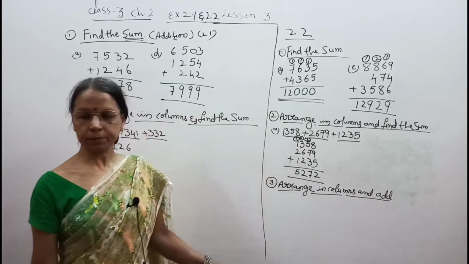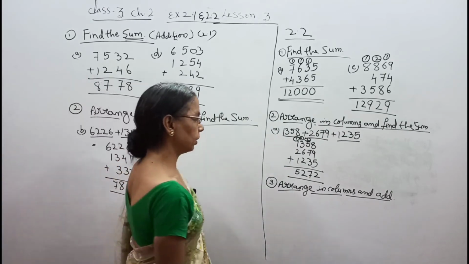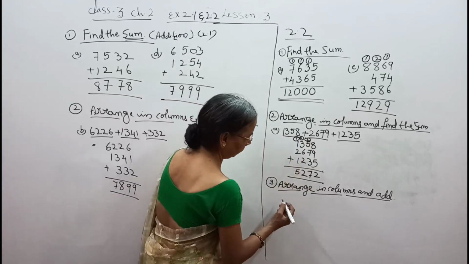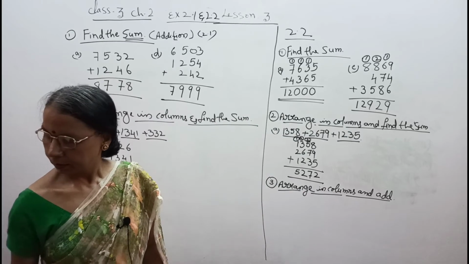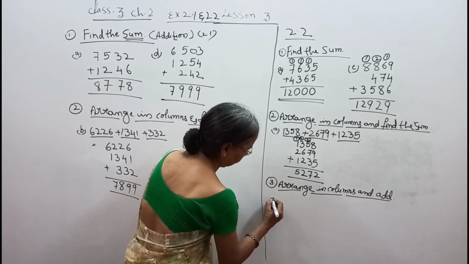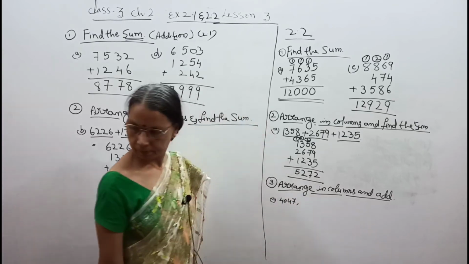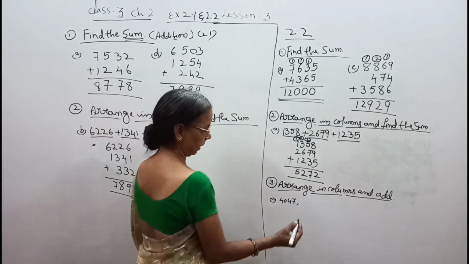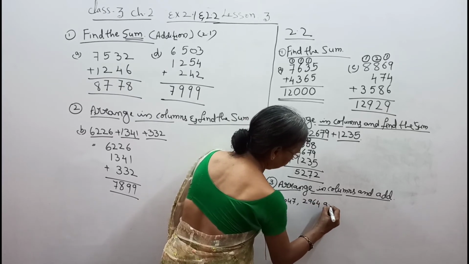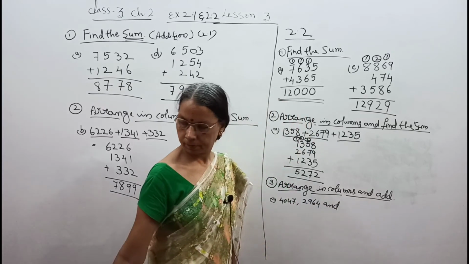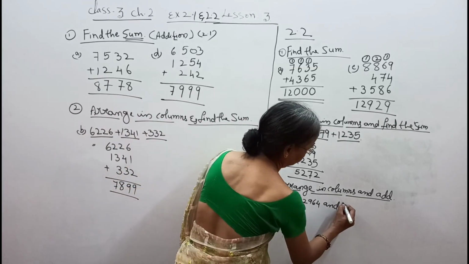In this question, the question is given, but there is no plus marking in between the numbers. The numbers are simply given, that is 4047, 2964 and 3782.